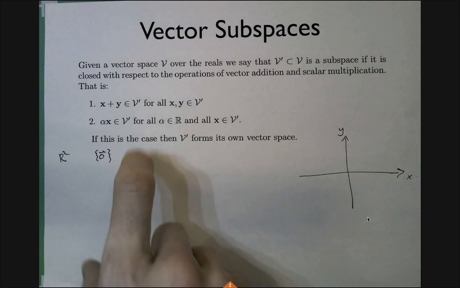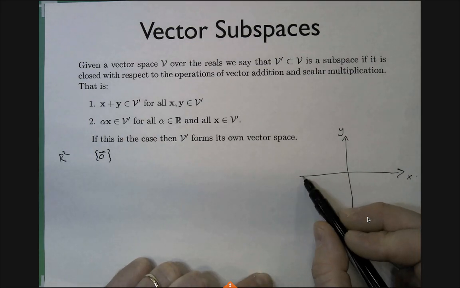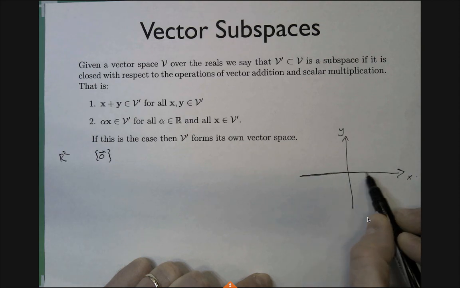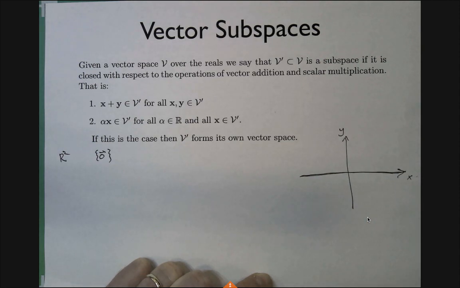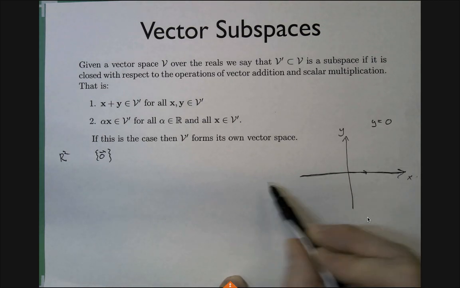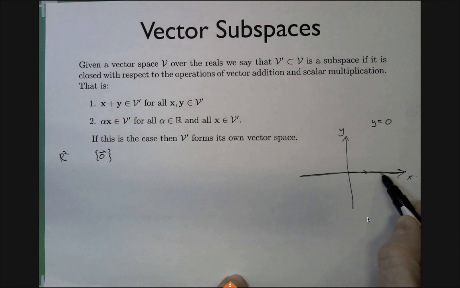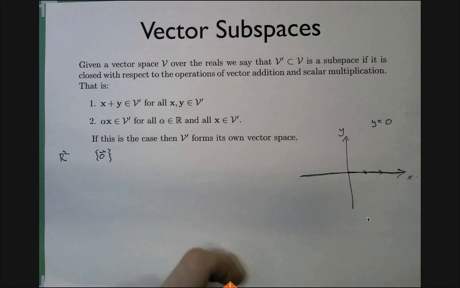Okay, I will give you one simple but non-trivial example. If I just pick the x-axis, that means that y equals 0. That clearly is a subspace, because if I take any vector here and multiply by a scalar, it will still be there. 0 is there, that's cool. If I take two vectors on the x-axis and sum them together, they cannot run out of the x-axis. So that's totally a subspace.